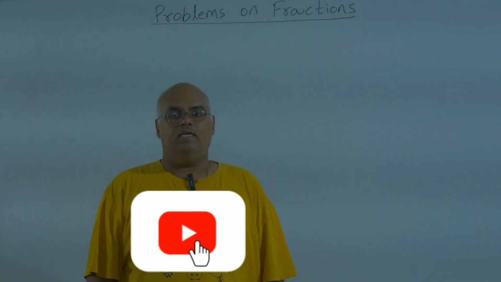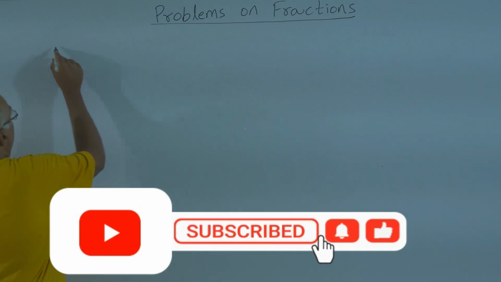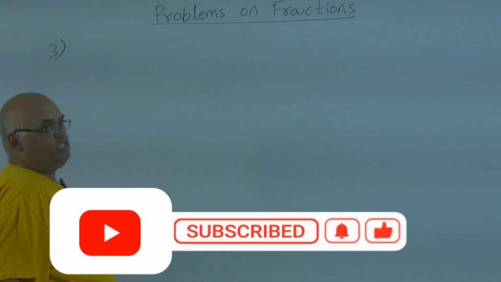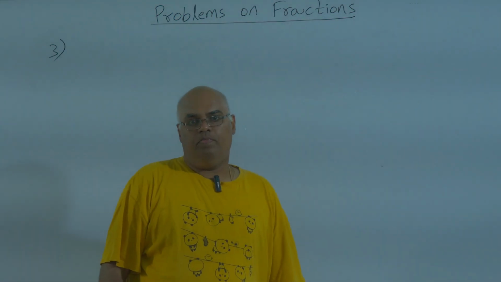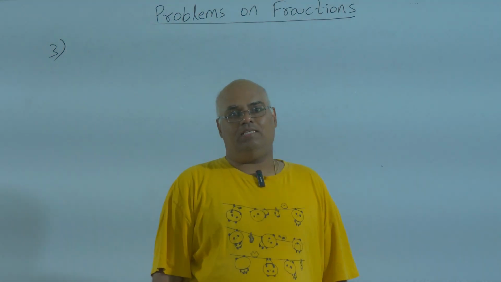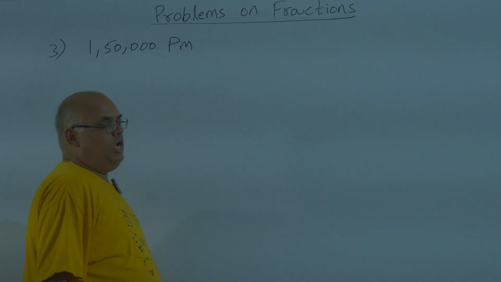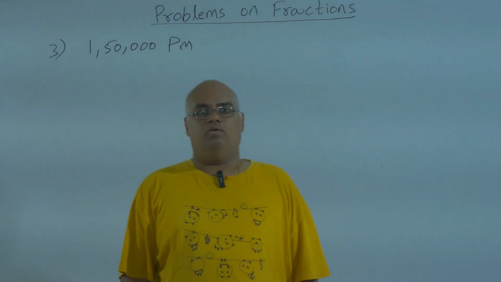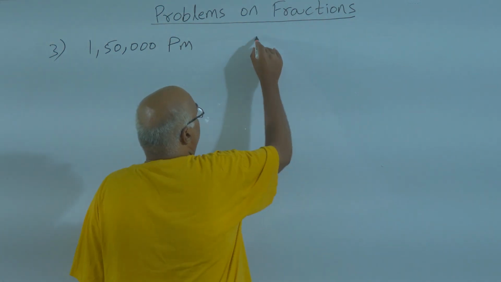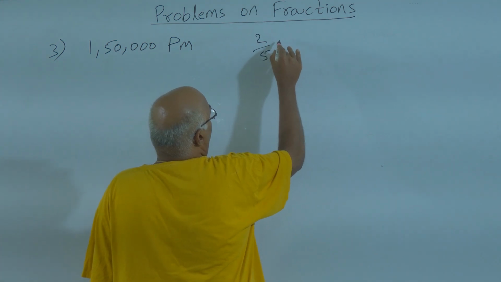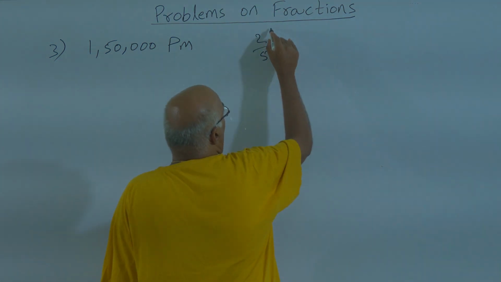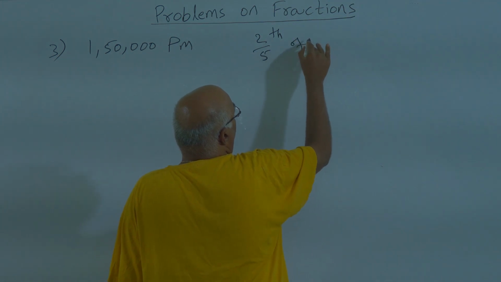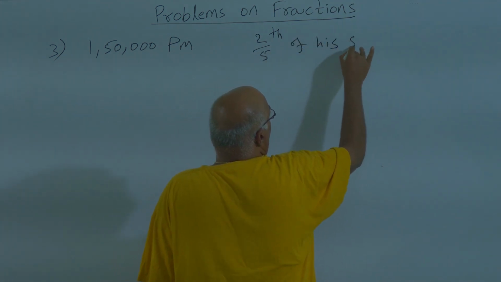Now let us take the third problem. There is a person by name Raju and his monthly salary is 1,50,000. Raju earns 1,50,000 per month. Out of this 1,50,000, he saves 2/5 of his salary.